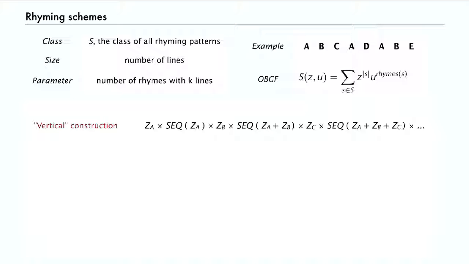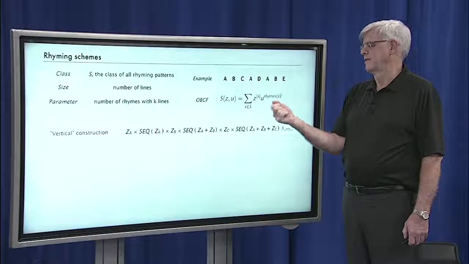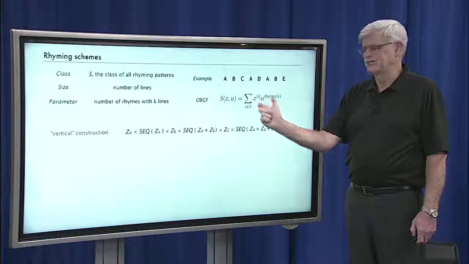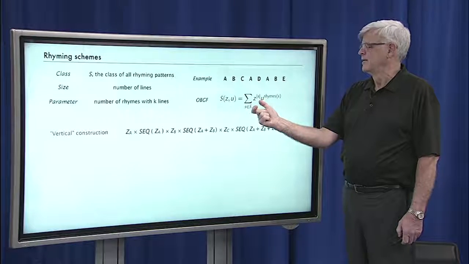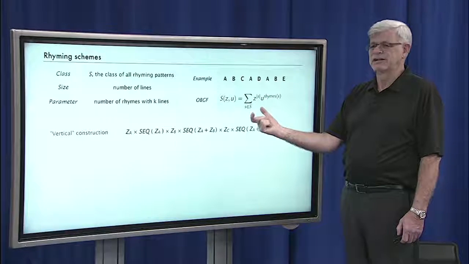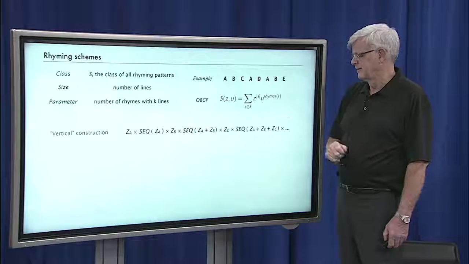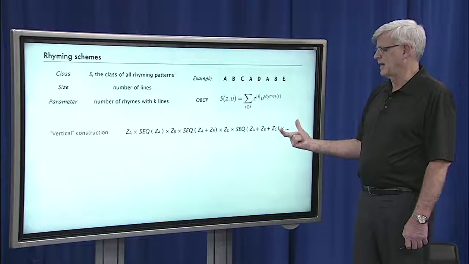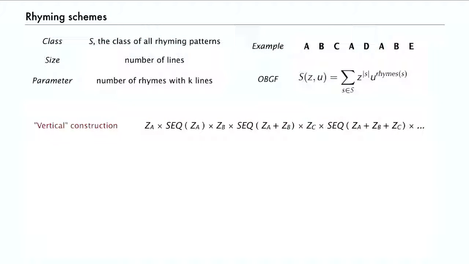What it says is that your first object is going to be rhyming scheme A, and you can have a sequence of any number of those. And then after that, you're going to have a B, and you can have a sequence of any numbers of A's and B's after that. And then you can have a C and a sequence of any numbers of A's, B's, and C's after that. That's the construction for the class of all rhyming patterns.